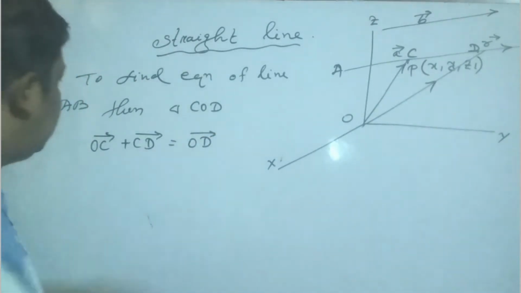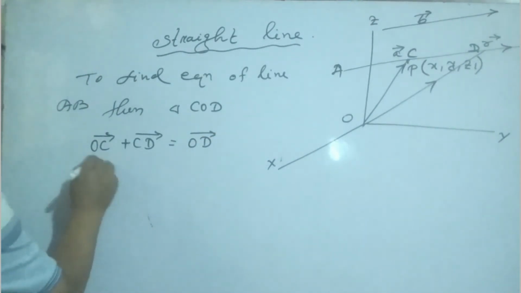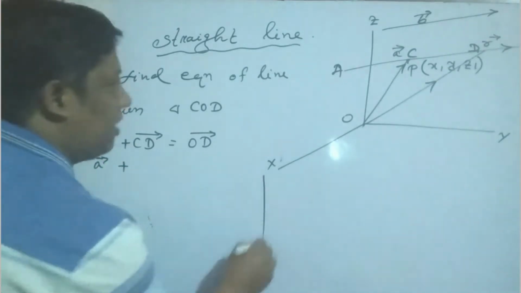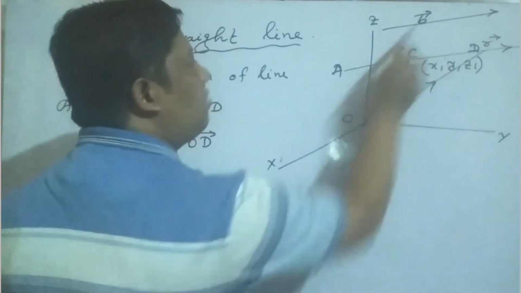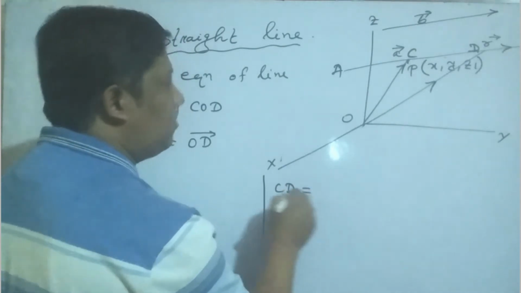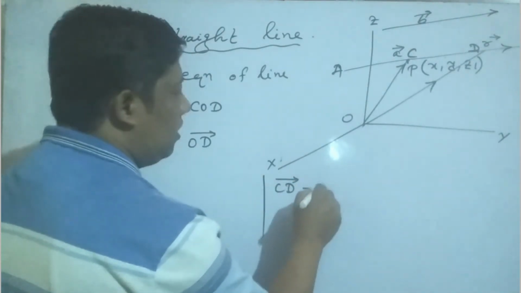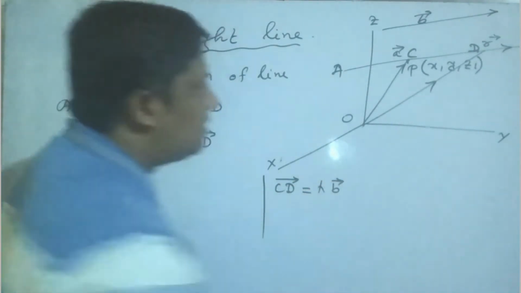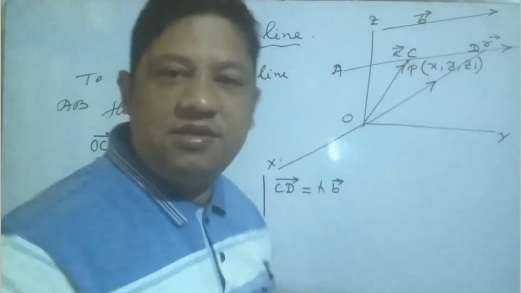OC vector is A, and my students, since this line is parallel to this, therefore CD vector equals lambda into b vector, because these two lines are parallel.